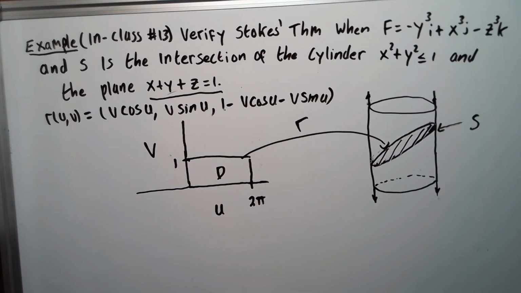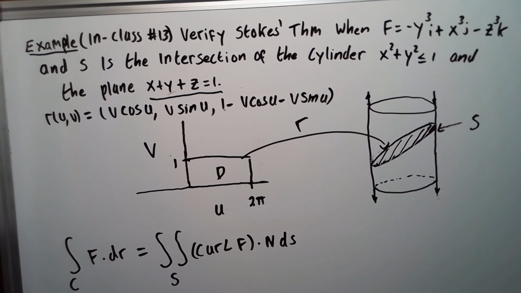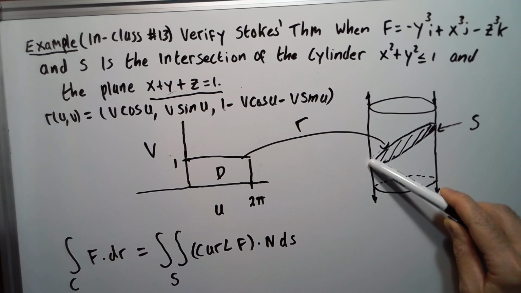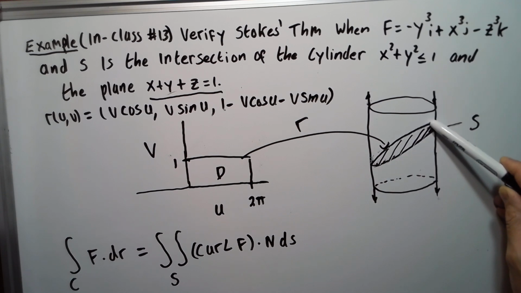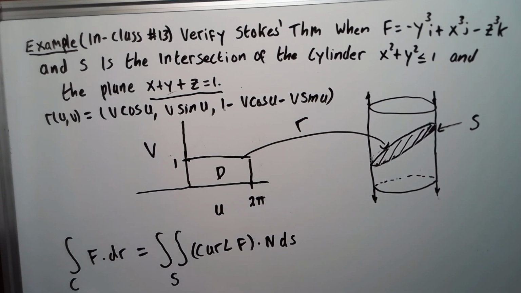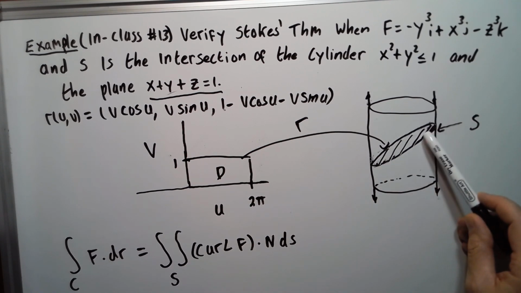Okay, so now let's state Stokes' theorem and we'll start verifying it. So here's Stokes' theorem. It states that the work done by F going around the boundary, so the boundary in our case would be there, going around the boundary, equals the flux of the curl of F across S. So here's our S in here.